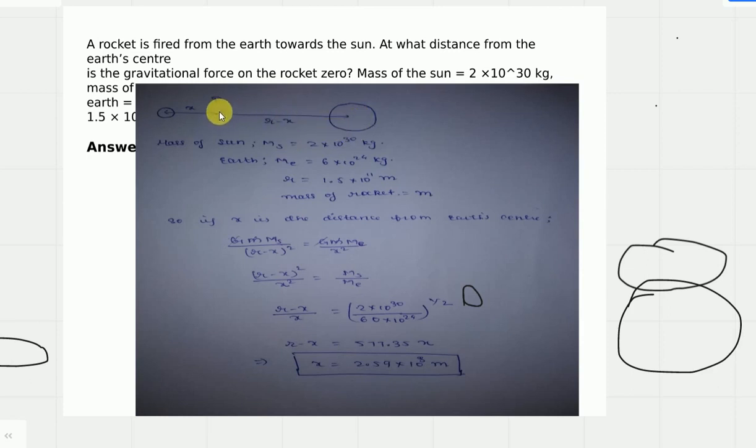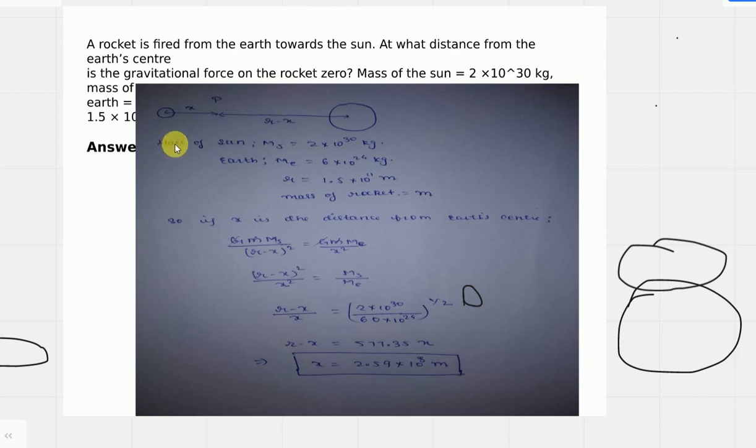So there comes a point where the force due to Earth becomes equal to that due to the Sun. Let that point be P, and its distance from the center of the Earth is x. If the whole distance is r, then the remaining distance will be r minus x.